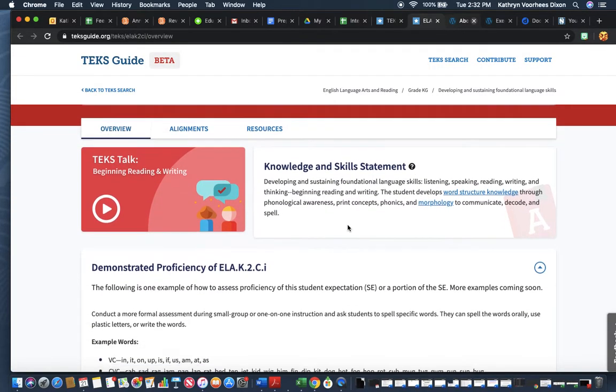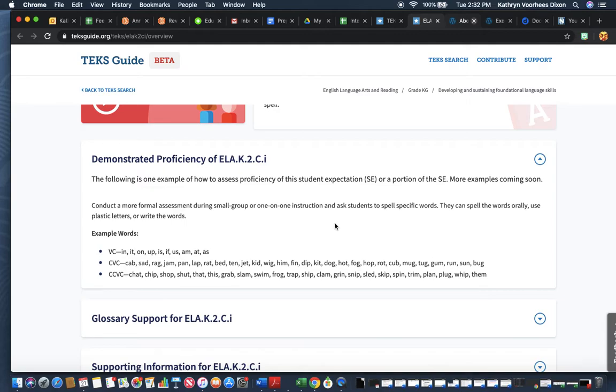Now, one of the things I want you to take a look at is how this is a kindergarten TEKS, and one of the things I want you to look at in looking at the vertical alignment is also kind of comparing it with the spelling stages that are given to us with our textbook.